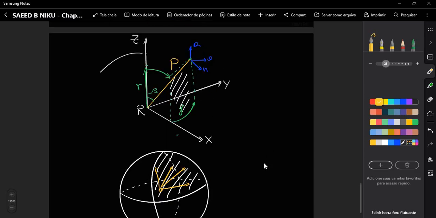Okay, so we have these angles beta and gamma, and those are for the two rotations, and R is the radius that this mechanism, this robot can reach.